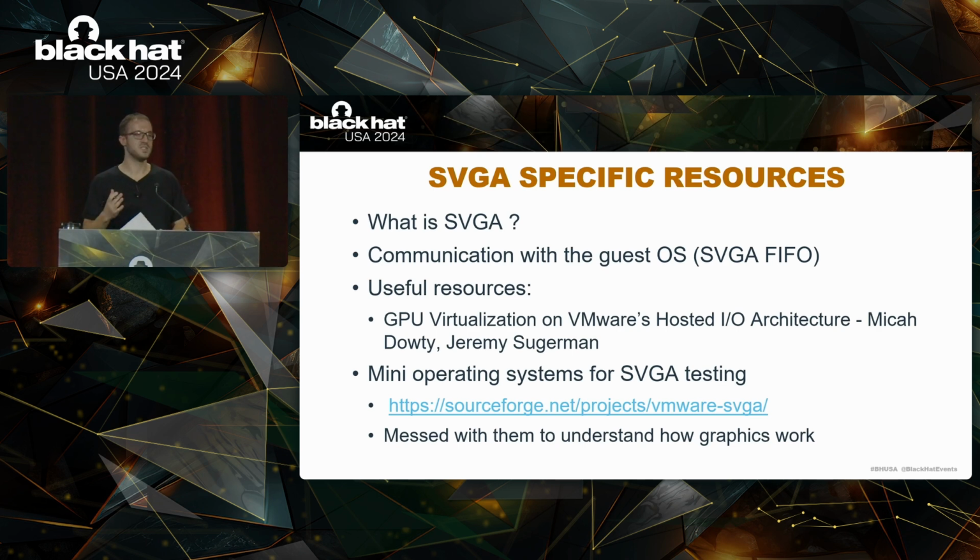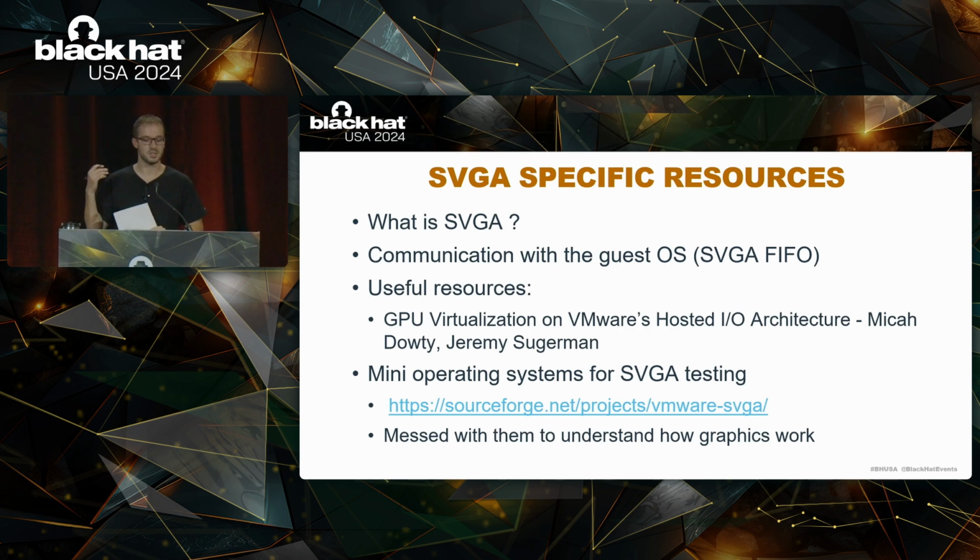The SVGA device, as mentioned before, is the virtual graphics device of VMware. The communication between the SVGA device implemented in the VMX and the guest operating system happens through shared memory mappings, which are called the SVGA FIFO. There is a very good paper published by the authors of the SVGA device that describes its internals.